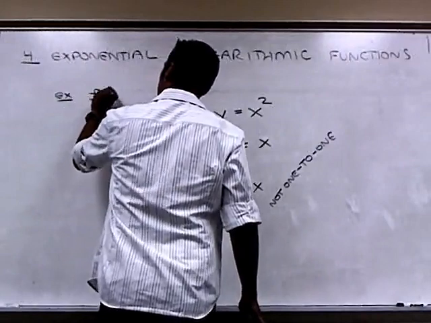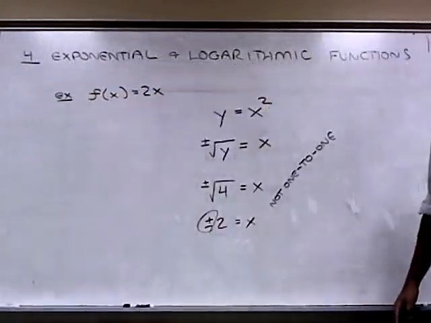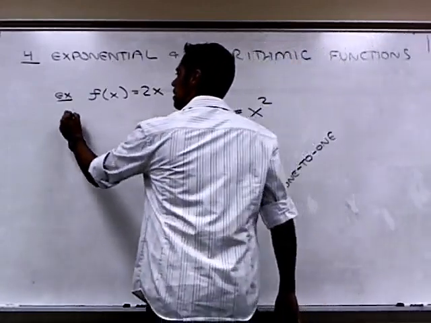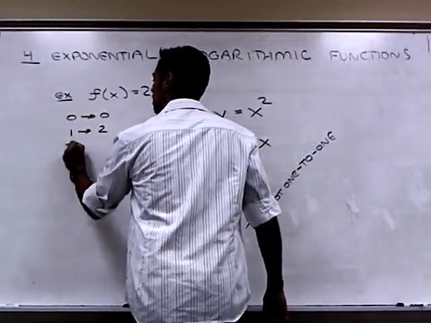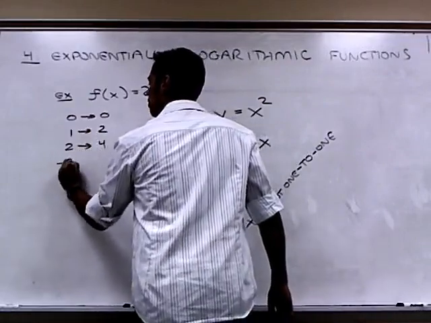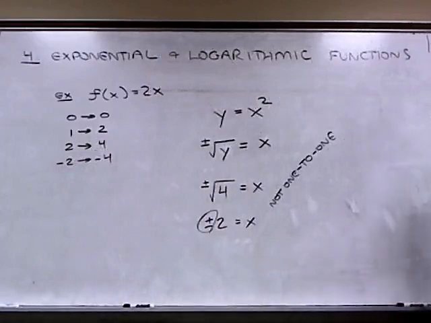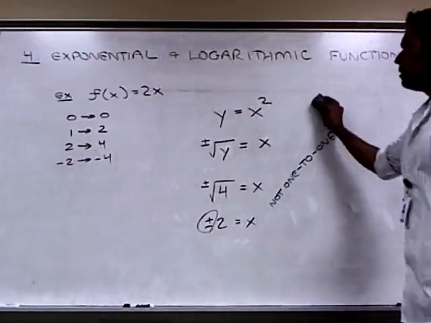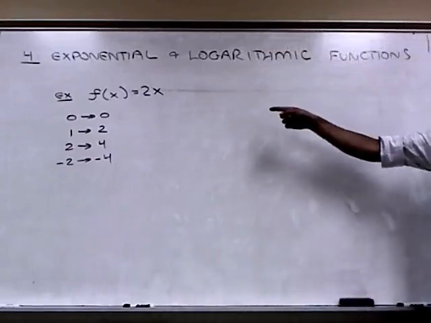f of x equals 2x. So the picture of this, 0 went to 0, 1 went to 2, 2 went to 4, -2 went to -4, right? Is that what we did? So if I rewrite this, we know this is 1-to-1 already, right?